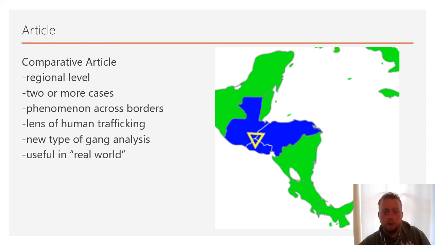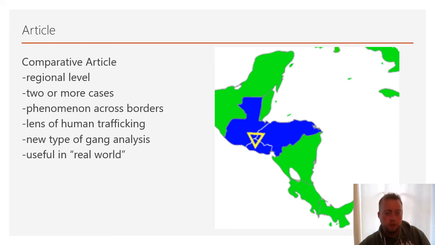We're looking at a phenomenon that spans borders, so it's not a single country specific thing. So it is a study that can be generalized to other countries. If it happens in Guatemala, it's happening in Honduras. Something that El Salvador tries to do to mitigate could then be applied to Honduras, and we could say, hey, Honduras, you should try what El Salvador just tried.